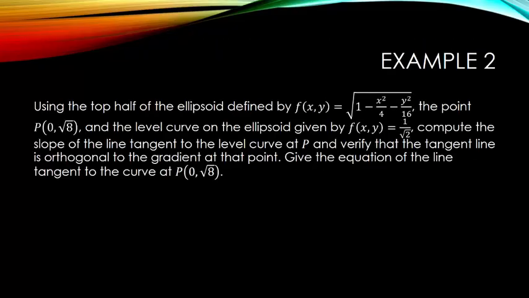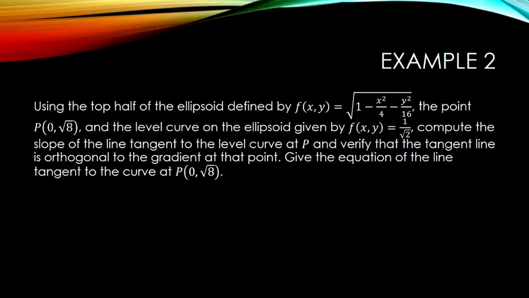Let's work an example. I want to consider the top half of the ellipsoid that is defined by the function f of xy is equal to the square root of the quantity 1 minus x squared over 4 minus y squared over 16. I also am given the point P with the coordinates 0 and square root of 8, and the level curve on the ellipsoid that's given by the function f of xy is equal to 1 over square root of 2.